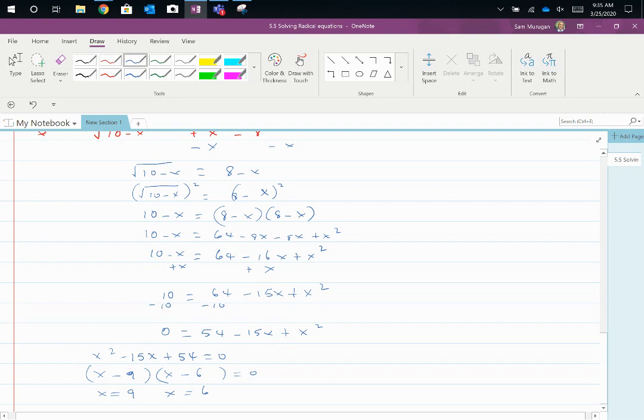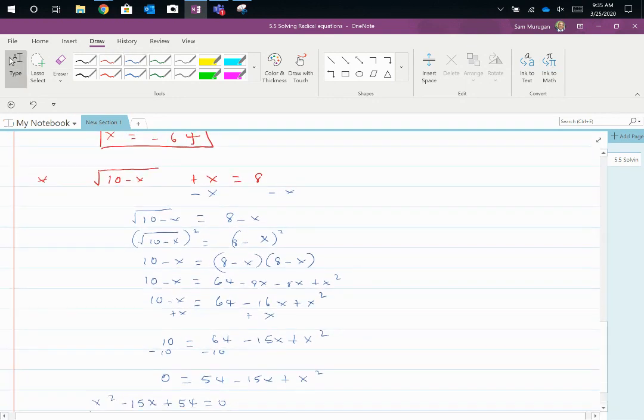And this is where it becomes important to check your answers, okay? So I'm going to check my answers. Check. So first I'm going to take x is equal to 9. I've got the square root of 10 minus 9 plus 9 is equal to 8.